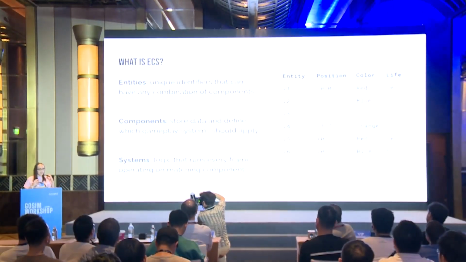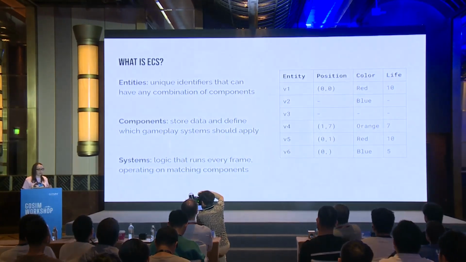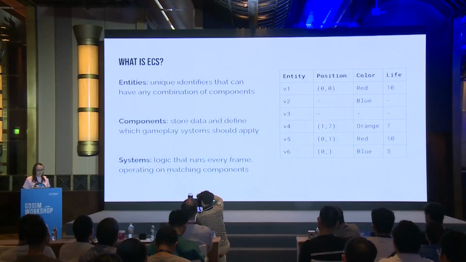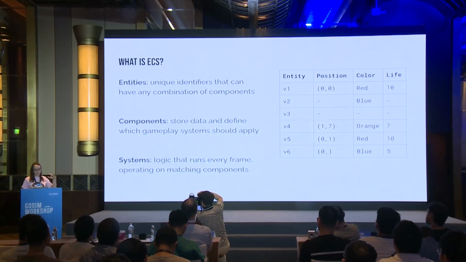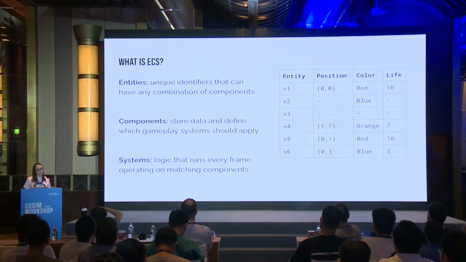So let's talk about some basic definitions for those of you who haven't seen ECS before. ECS stands for Entity Component System, and there are three key parts to it. First, you have the entities. You can kind of think of this as a messy database or table, like you see over on the right, where in the rows you have which entity it is.